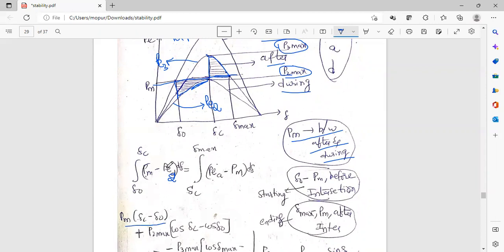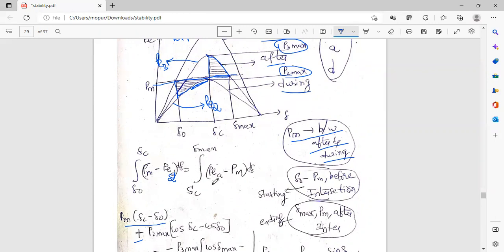And PE during is PE2, that is P2 max sine delta. If we integrate sine delta, we get minus cos delta, and the minus and minus compensate, so we get plus here. P2 max times cos delta C minus cos delta naught.